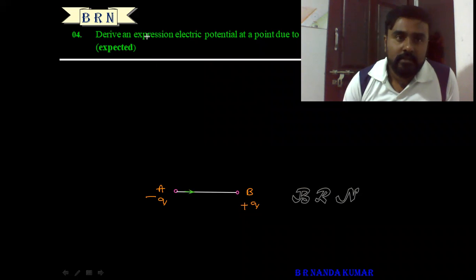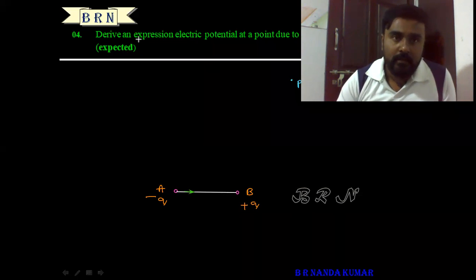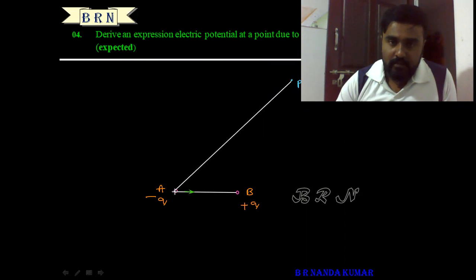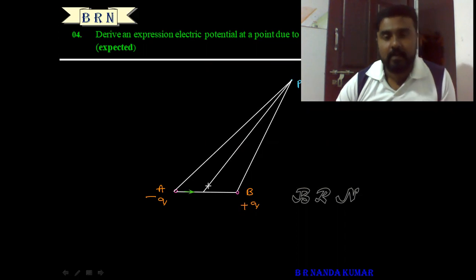Now consider observation point P. The distance from A to P is R1. Distance from P to B is R2. Distance from P to the center of the electric dipole is R.